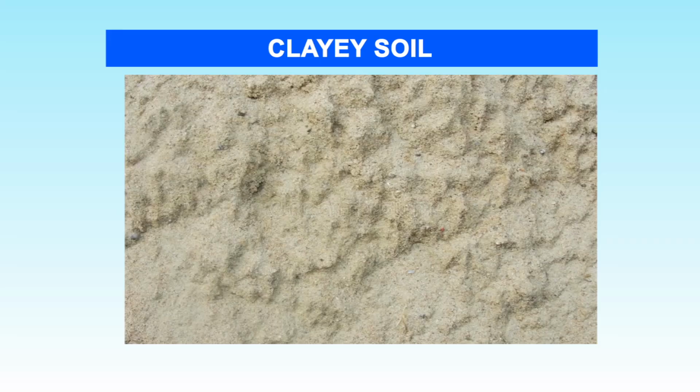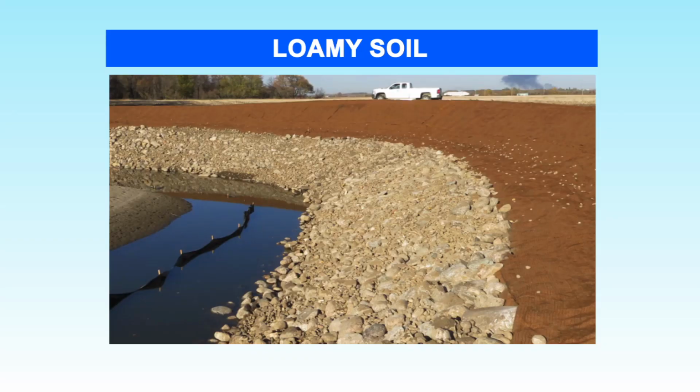If the proportion of fine particles is relatively higher, then it is called clayey soil. If the amount of large and fine particles is about the same, then it is called loamy. The sizes of particles in a soil have a very important influence on its properties.